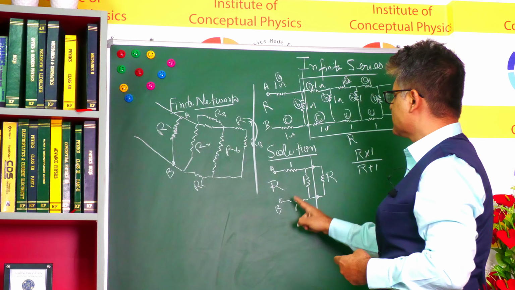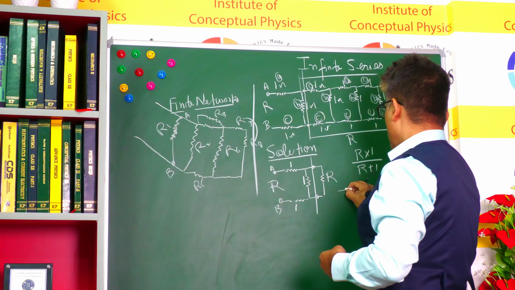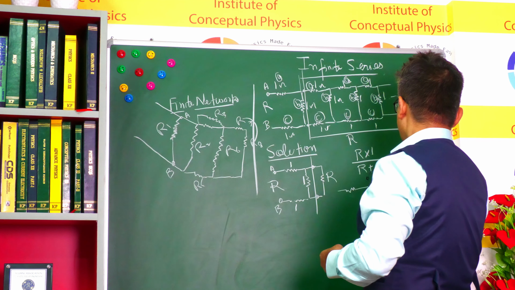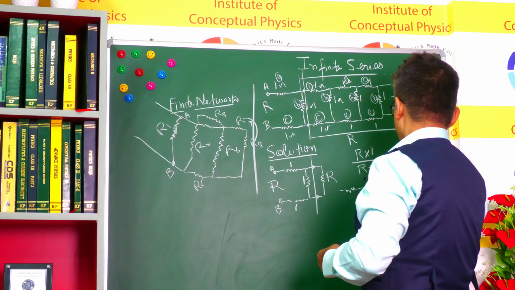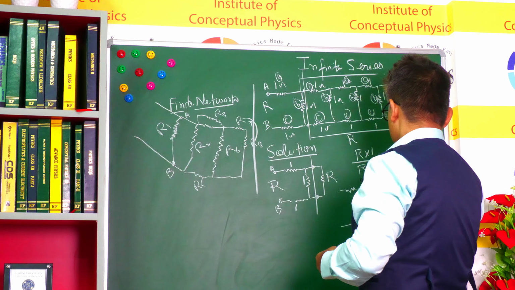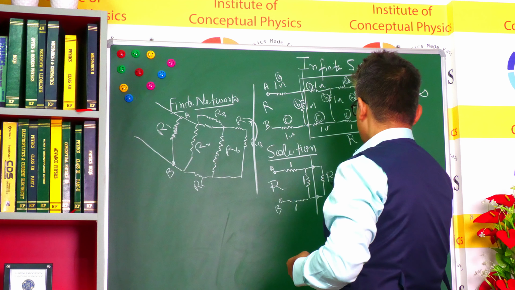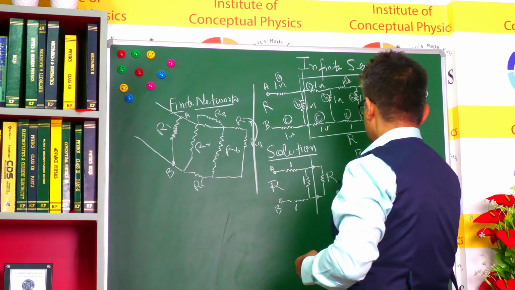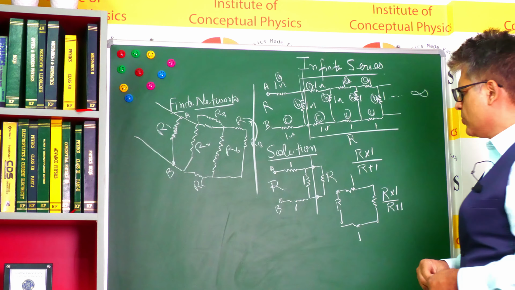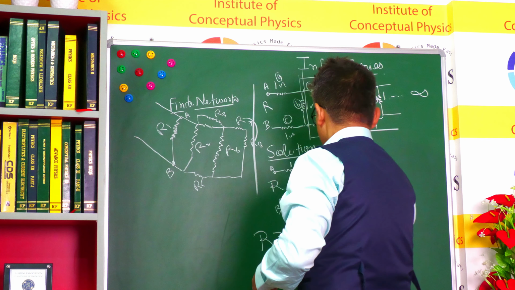So I can redraw this circuit and substitute these two as 1 ohm and one common resistance, which is R into 1 upon R plus 1, and this is 1, 1, and this is R. Okay, equivalent.